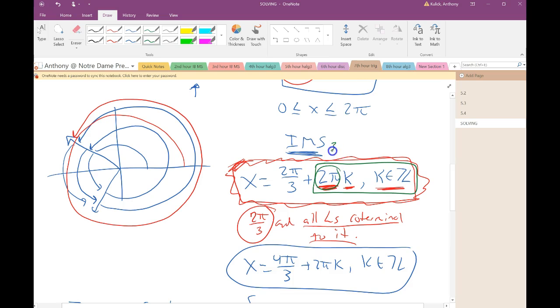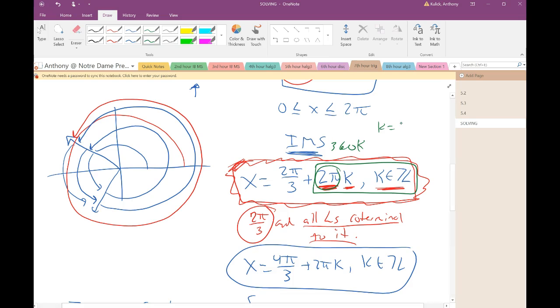So the 2 pi is your 360, and then k can be any positive or negative whole number. So if it's negative 5, I've subtracted 360 from that 5 times, which will give me an answer. If k is 22, I've added 360 to it 22 times. The result is another answer.